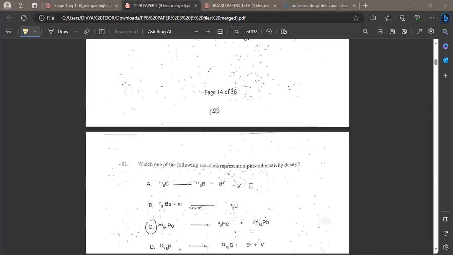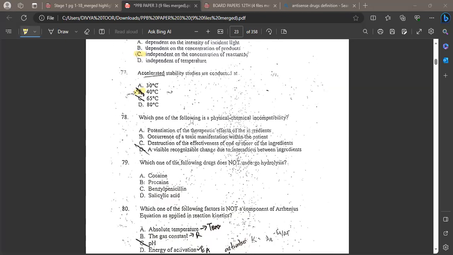It's a physical chemical incompatibility. Yeah, I think that one should be D, because that's the only one which can actually be seen compared to the others. Anyone else who has a different opinion?